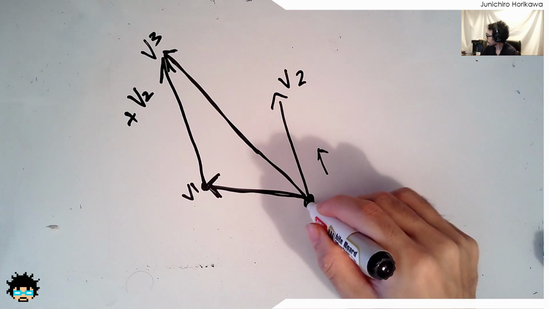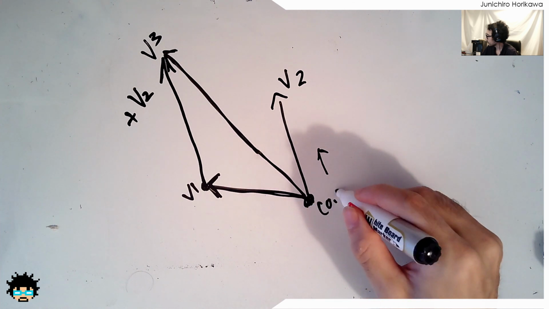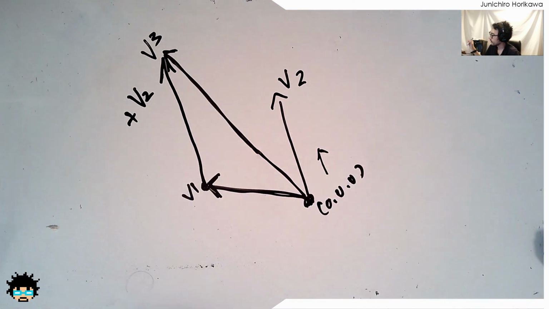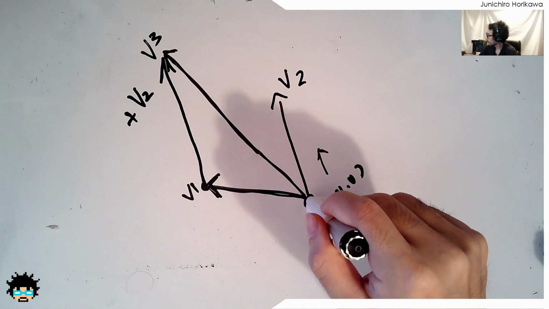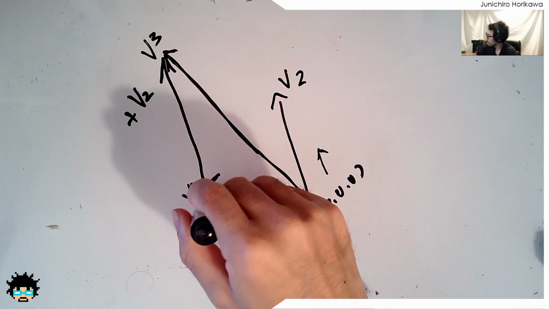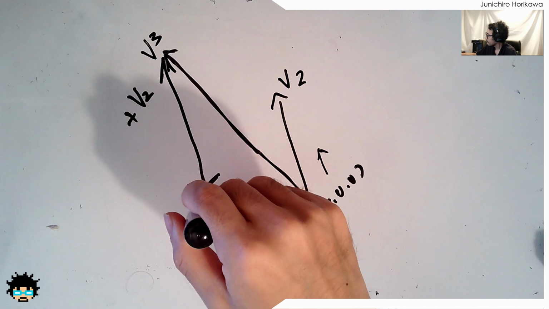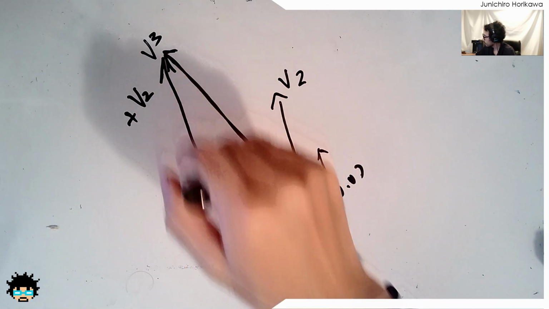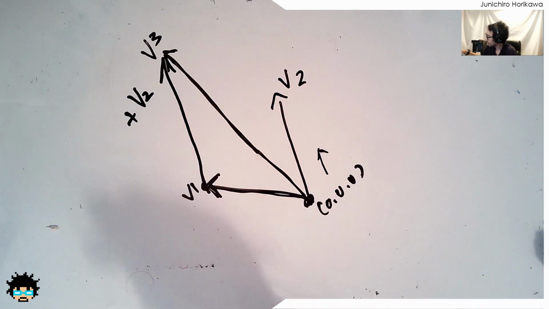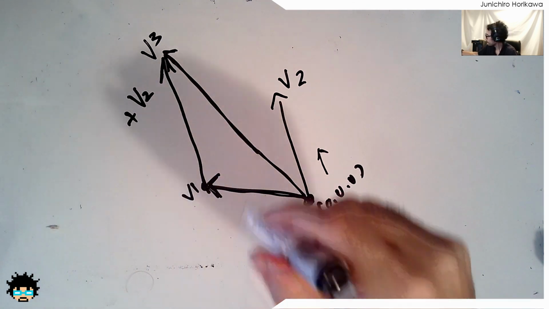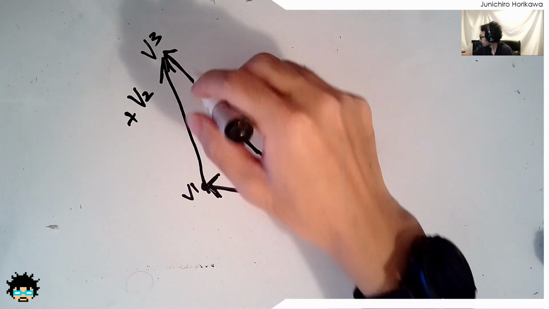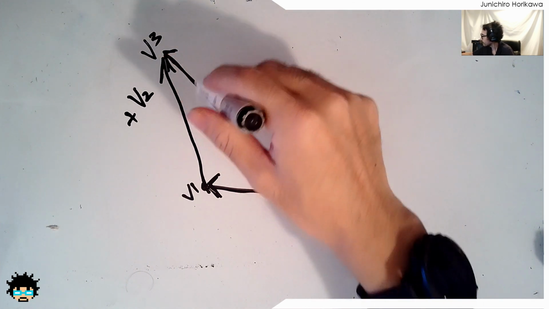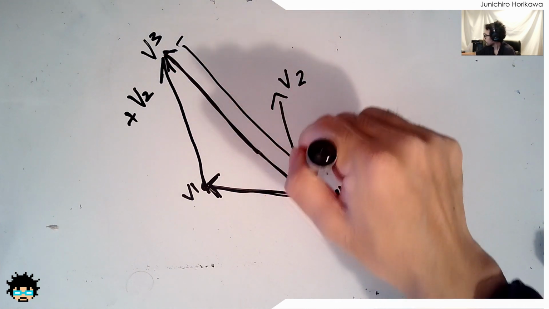It all starts from here, which is the 0, 0, 0 position. You start from 0, 0, 0 to V1, then from V1 you add this V2 to extend the vector in a different direction, and as a result you have created this new direction with a new size.